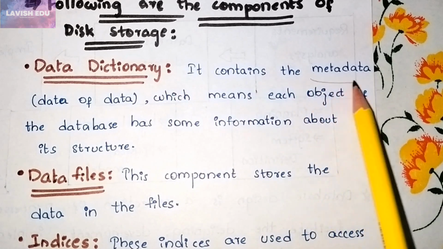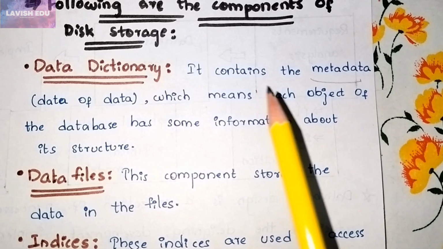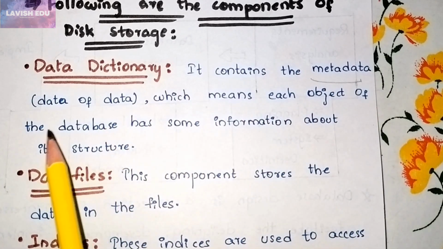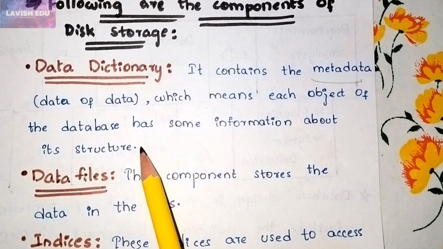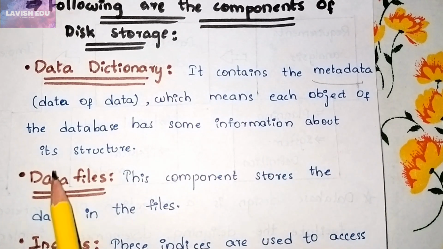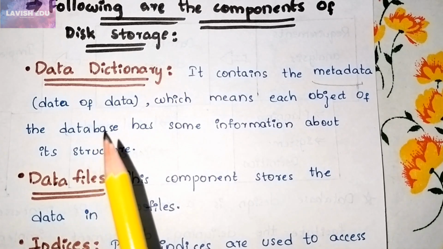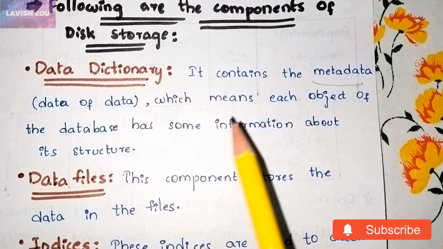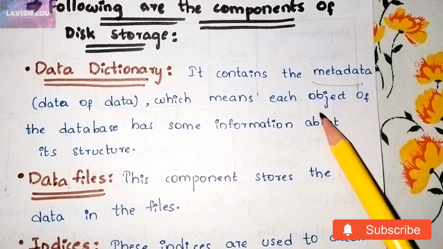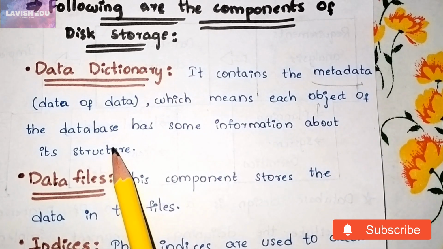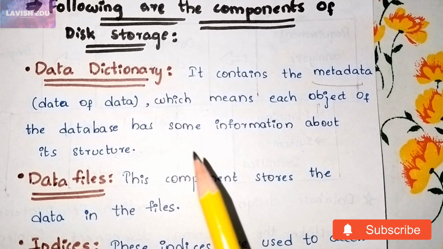It contains the metadata, as we have already seen before. Metadata is nothing but data of data, which means each object of the database has some information about its structure. So, the physical system of the data, that is data structure, application can have objects and indexes in which the database's information can be stored.